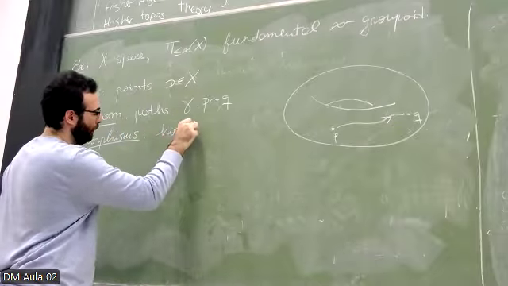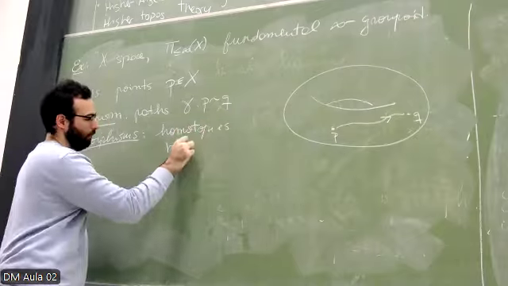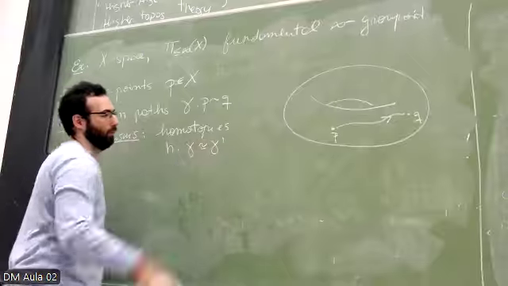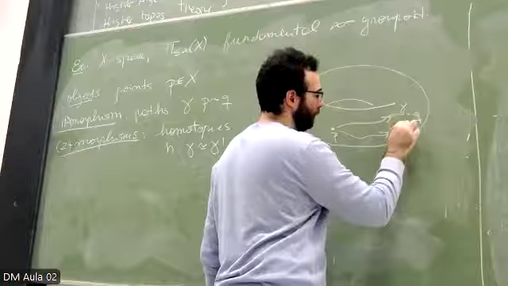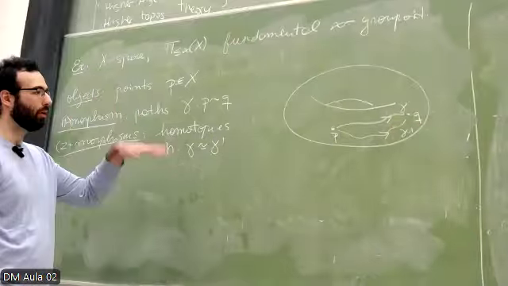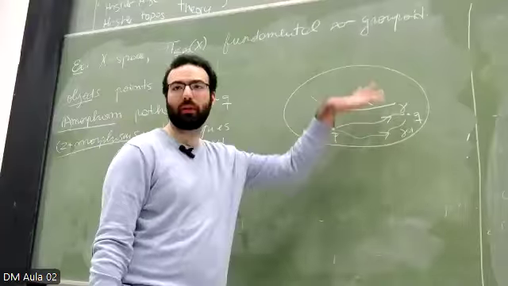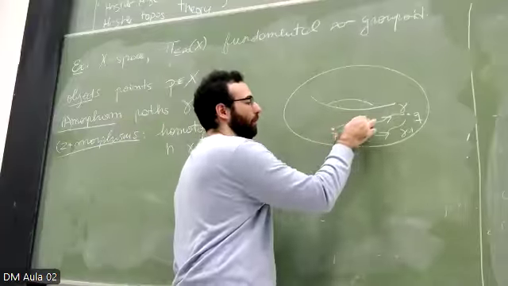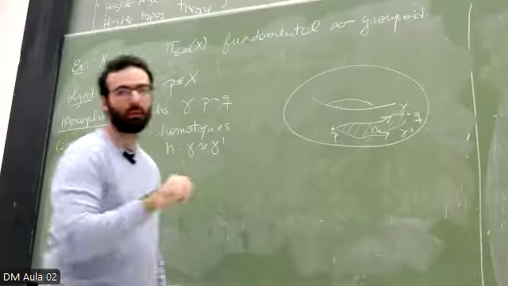Okay, and the two morphisms are homotopies. So you have another path, say, gamma and gamma prime. Then morphisms between those are ways of deforming one path into the other continuously. Okay.